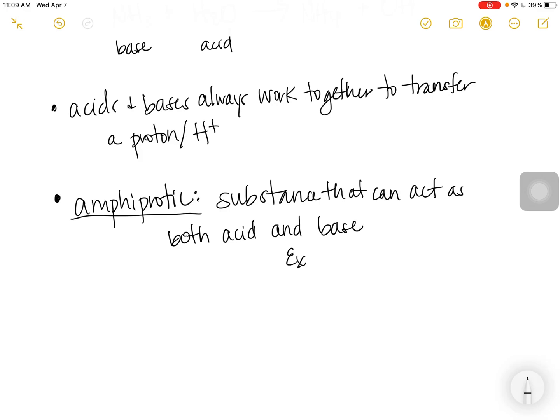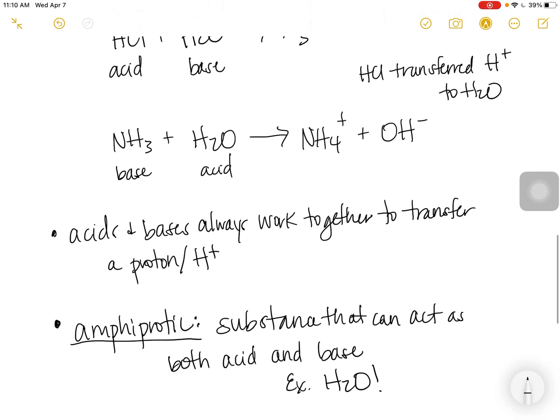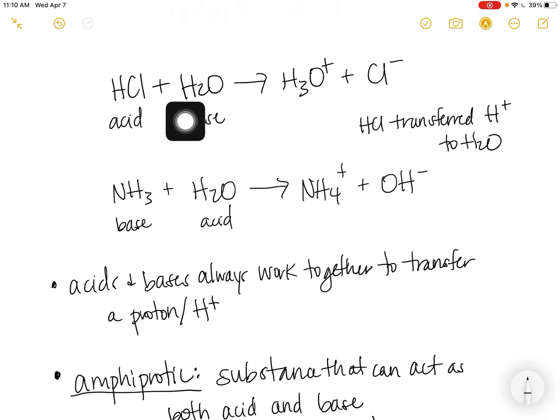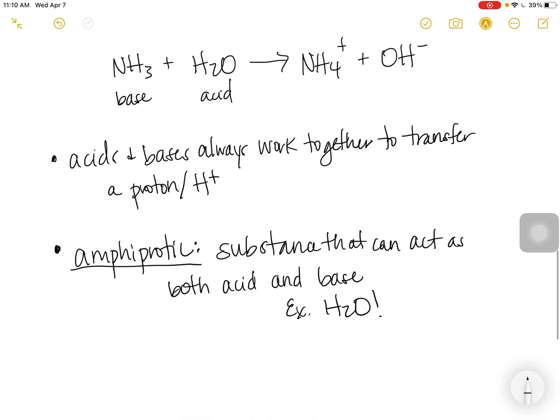We just saw that with water. Water is a very famous amphiprotic substance because in the first example water acted as a base, but then in the next example we saw water acting as an acid. There are more examples than just water, but that's probably the most famous example of an amphiprotic substance.